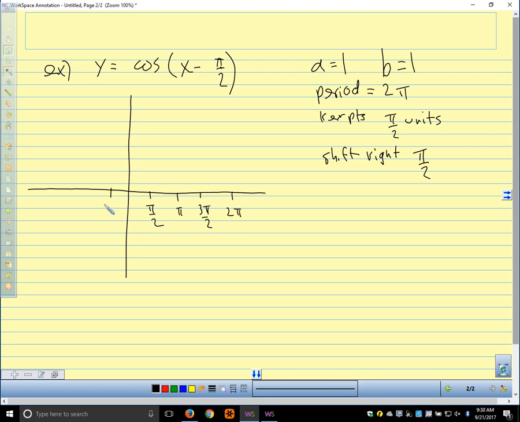And I'll go this way as well. All right, and our amplitude is 1, so I'll label my y-axis as well. And normally our cosine function is going to start here, but we're shifting right, pi over 2. So I'm going to start here. And then we get our key points every quarter period. So this part of the function is going to look like this, our graph. And then we're going to go this way.